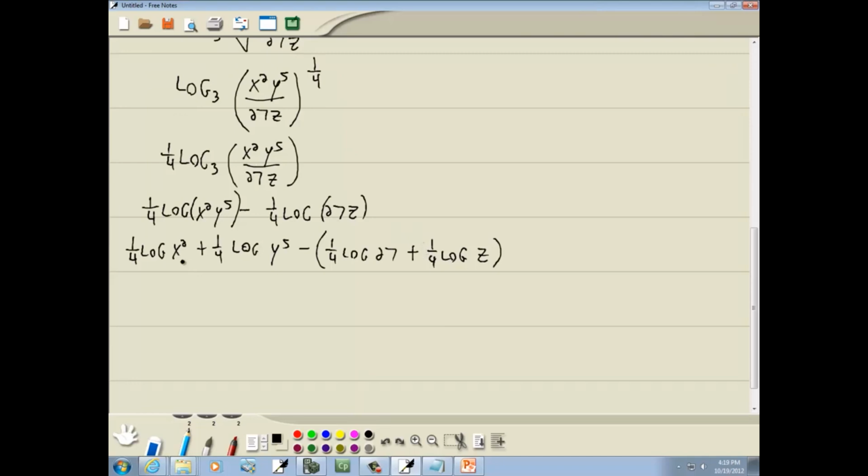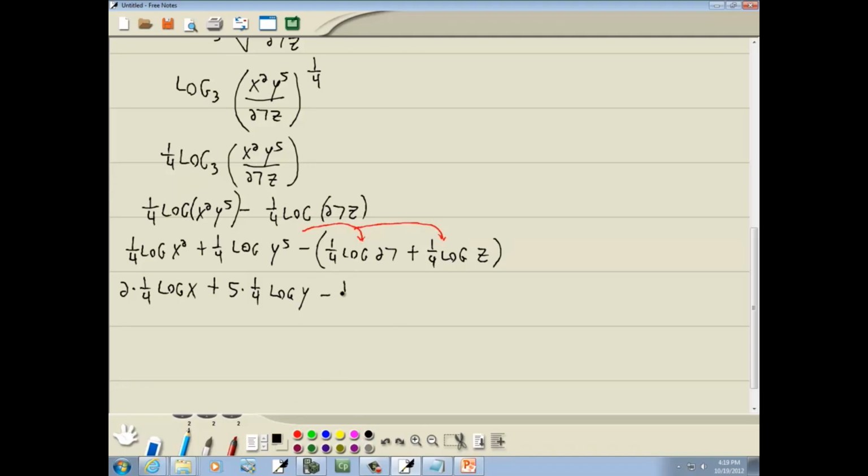Okay, so looking at the x squared here, I can take the power, put it out in front. So we got 2 times 1/4 log x plus this 5 we can take out in front. 5 times 1/4 log y. This negative has to flip the sign of everything that follows it. So it's a flip sign of that and flip sign of that.